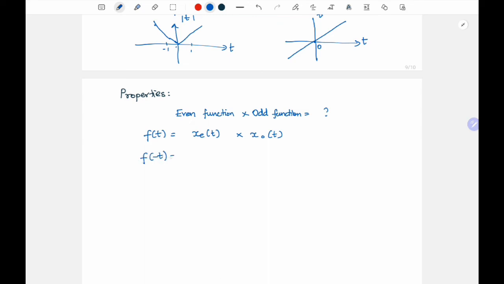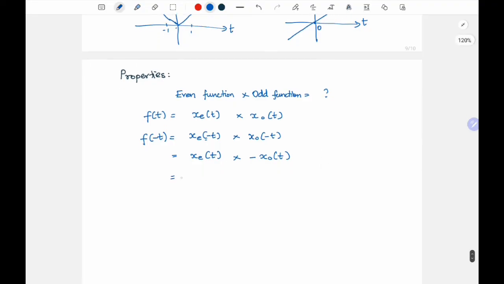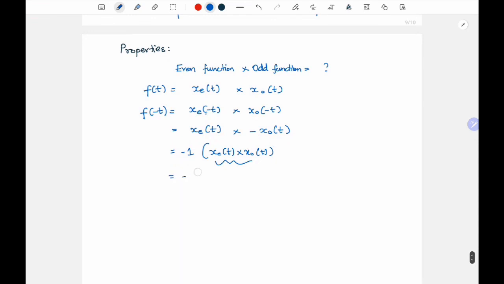So it will be xe of minus t into xo of minus t. But xe of minus t is equal to xe of t because it is even, and xo of minus t is equal to minus xo of t because it is odd. Only one minus sign comes in, xe of t into xo of t, and this is nothing but f of t itself. So minus f of t. So f of minus t is equal to minus f of t. So what is this function? It is an odd function.